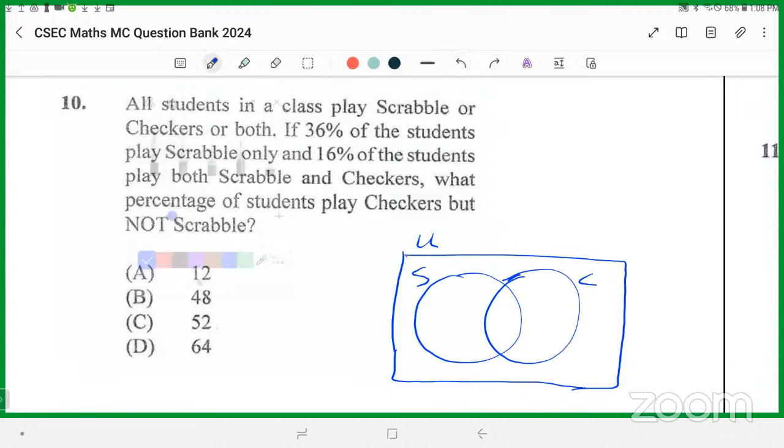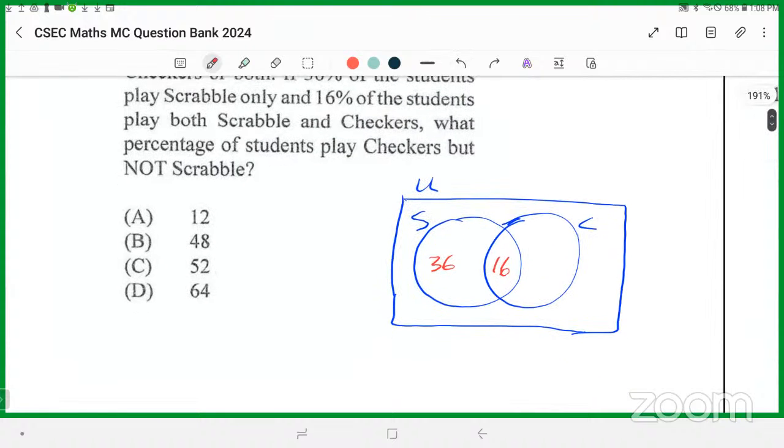Let's put in the values now, representing the set with percentages. If 36 plays Scrabble only, they put in 36 right here. 16 play both, so 16 inside here. What percentage play checkers but not Scrabble? This must complete the 100%.